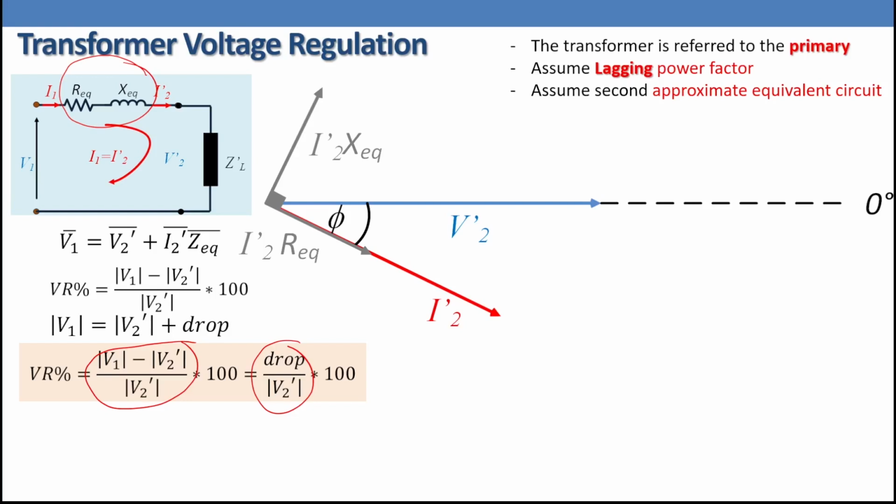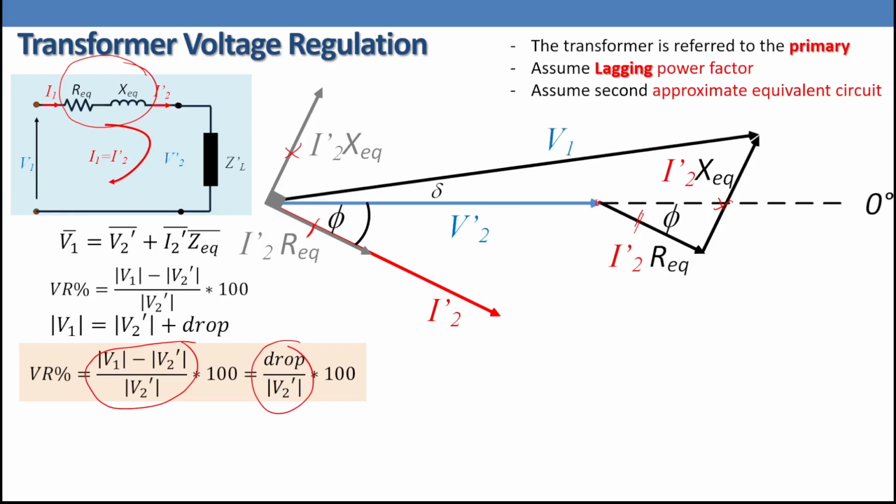If we add I2 dash R equivalent and I2 dash X equivalent to the endpoint of V2 dash, in this case we can find V1 as a vector. So we are going to move that one in this direction where this part is parallel to this part and that one is going to be parallel to this one. So now we can have V1 where V1 has an angle delta with the reference 0. Usually angle delta is very small and V1 is the radius of a circle like this one.